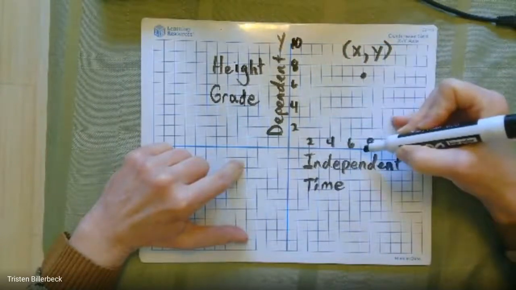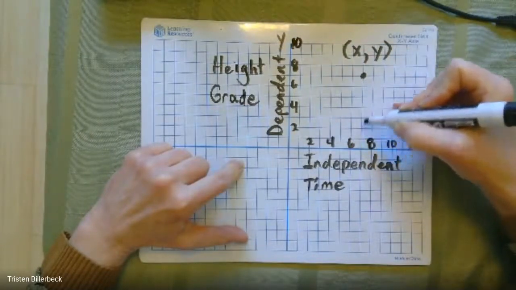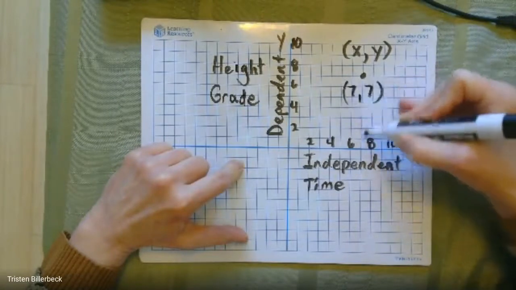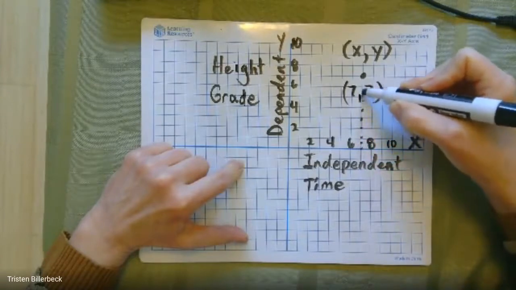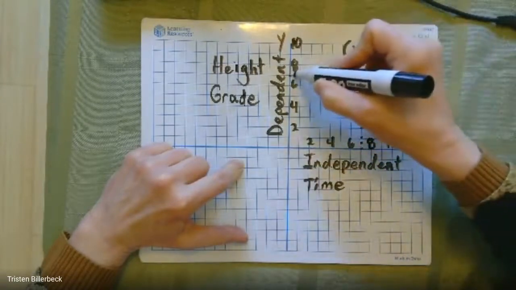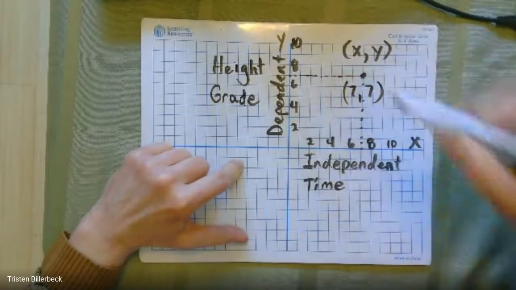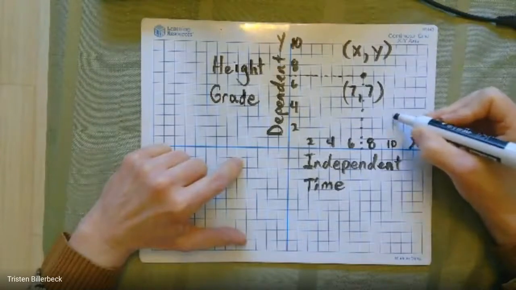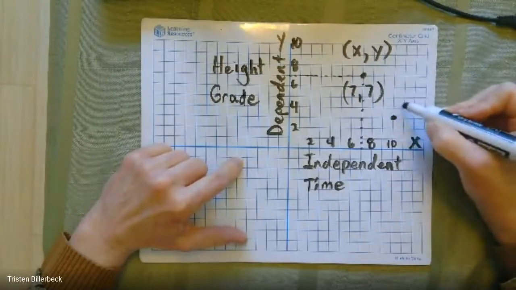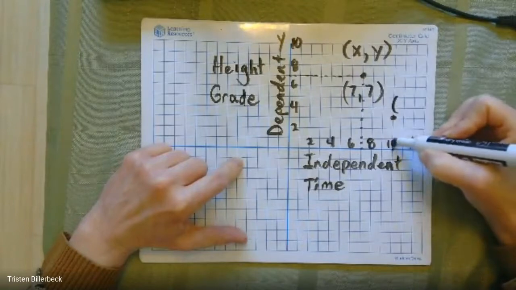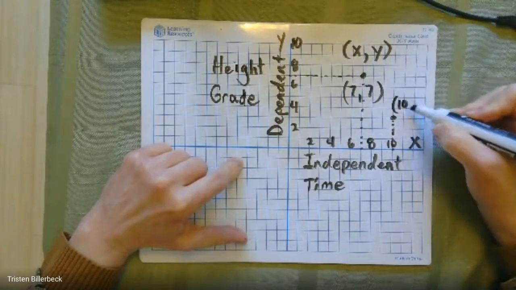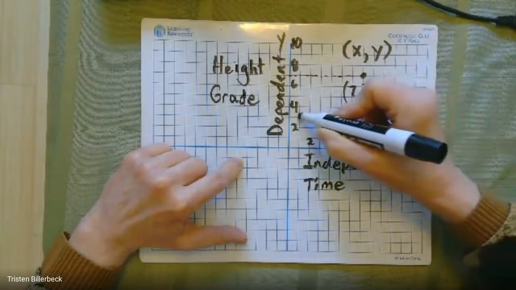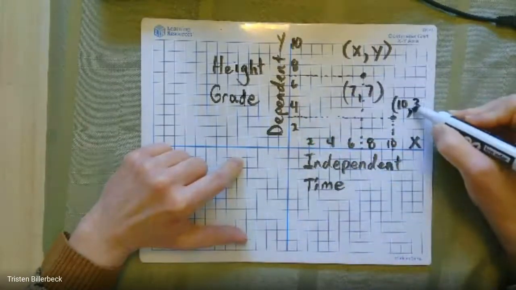So this point would be located at 7, 7. If we come up here, it's at the 7 on the x, and if we come here, it's at 7 on the y. But this point over here, its coordinate would be, we're right at 10, and if we go over to our y-axis, it's at 3.